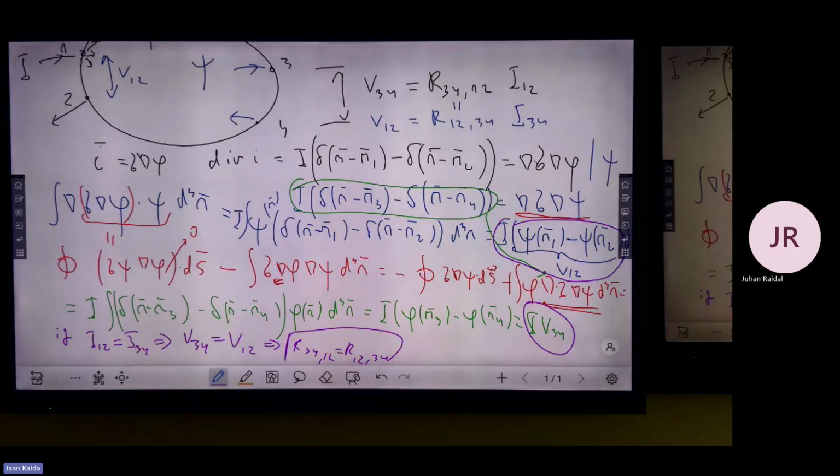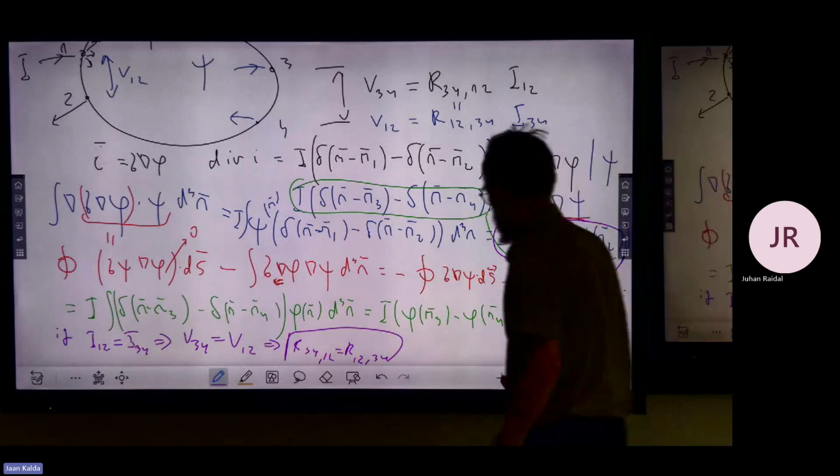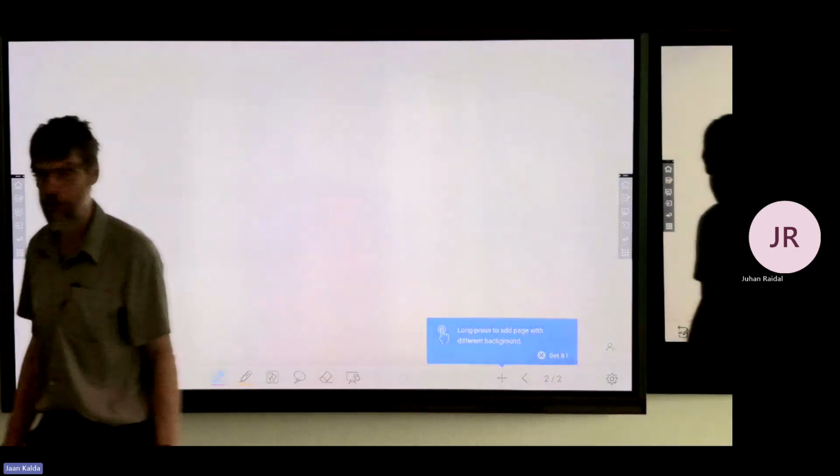Now there is mutual inductance, which means that if you have more than one loop, then current in one loop will induce a certain flux through the other loop. And this is called mutual inductance. Since you don't remember, let us recall what it is.